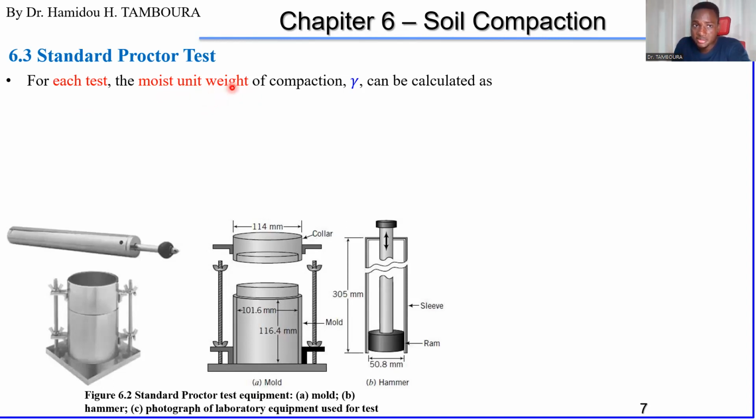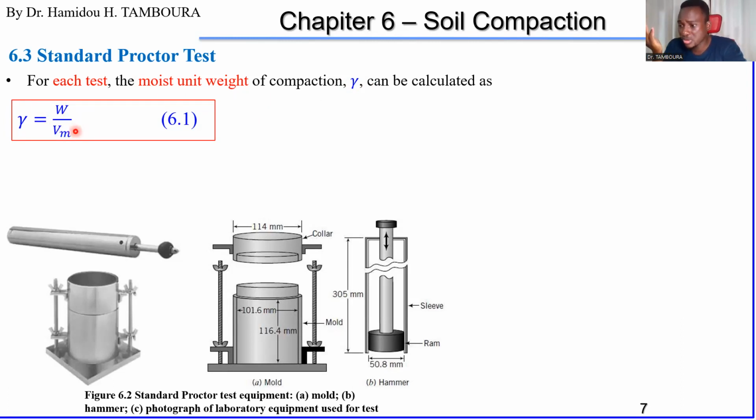For each test, the wet unit weight of compacted soil, of course, we call it gamma, just gamma, can be calculated. And how do we calculate that? By using just this formula. Okay, the weight divided by volume, because unit weight is just weight divided by volume.